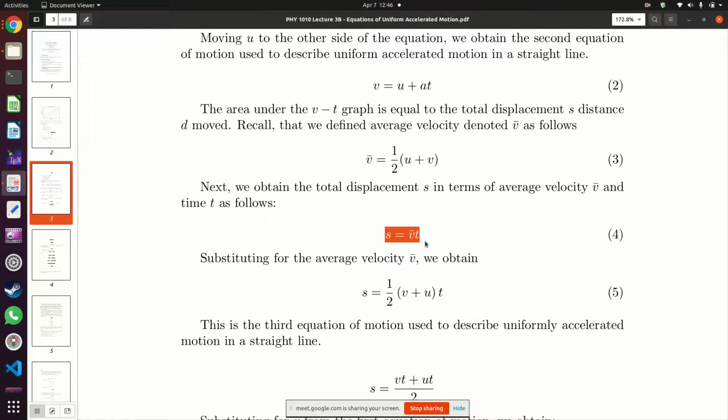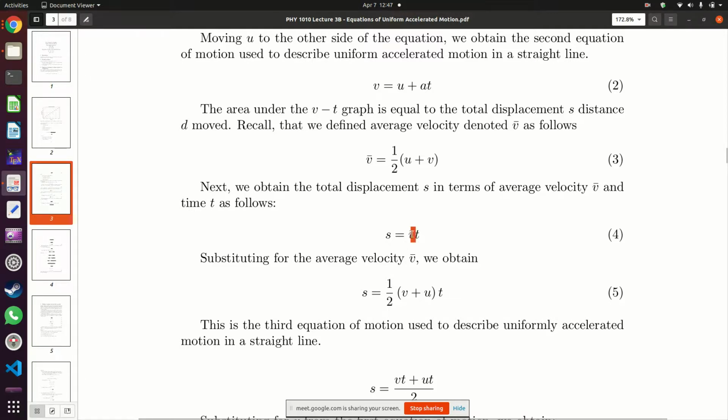Are we clear? Yes, we have just made the displacement the subject of the formula from the definition of average velocity. Average velocity is equal to the total displacement divided by the time. So when we make the displacement the subject of the formula, we end up with S equals V bar times t.